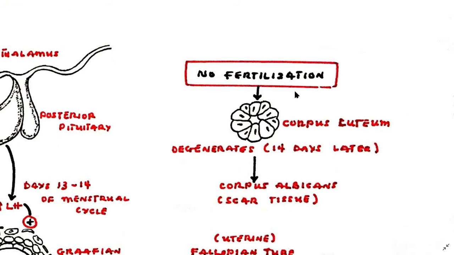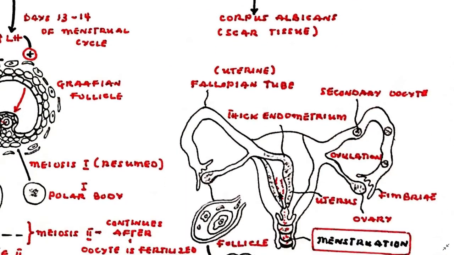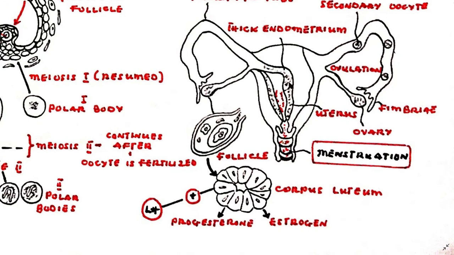If fertilization does not occur, the corpus luteum degenerates about 14 days later and becomes a scar tissue remnant of itself called the corpus albicans. Hormone production ceases and menstruation begins as the thickened endometrium is shed.